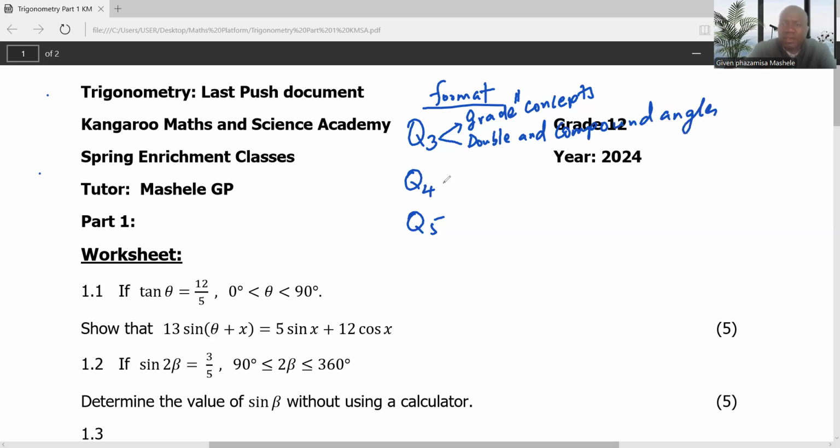Then again, question 4, they usually ask the trigonometric graphs only.